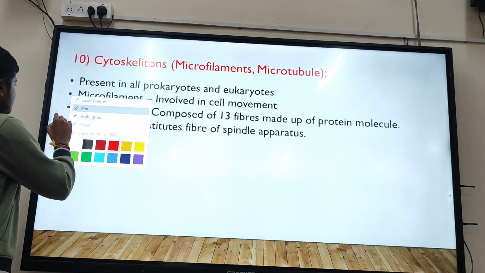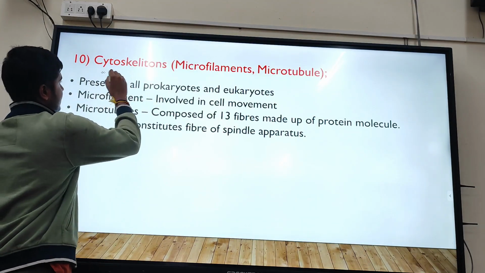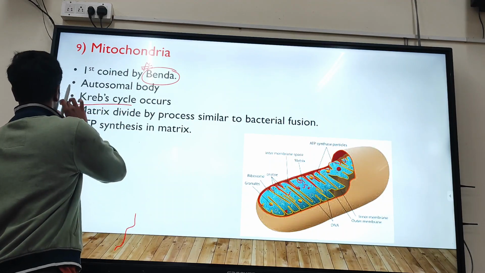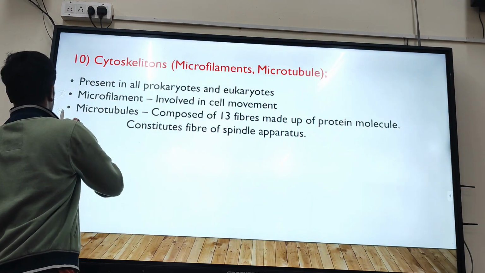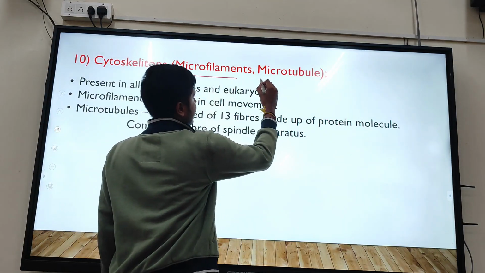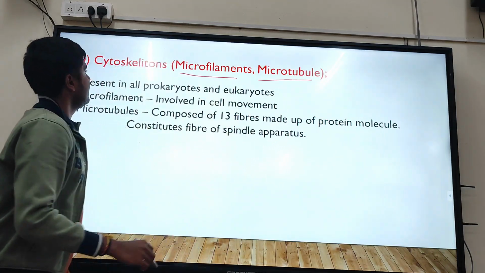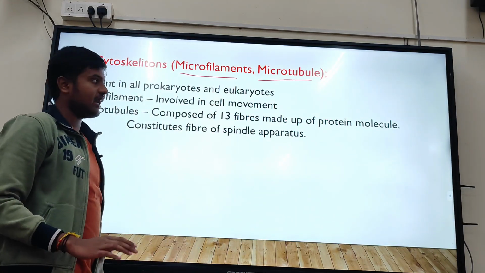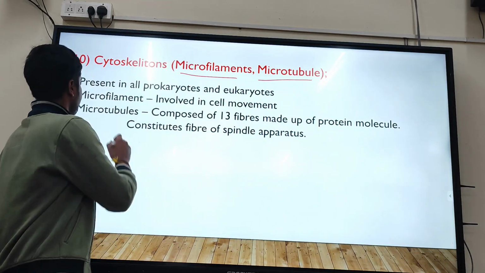Now let's move on to the next cell organelle, the cytoskeleton. Cytoskeletons are microfilaments and microtubules. They are present in both prokaryotes and eukaryotes.